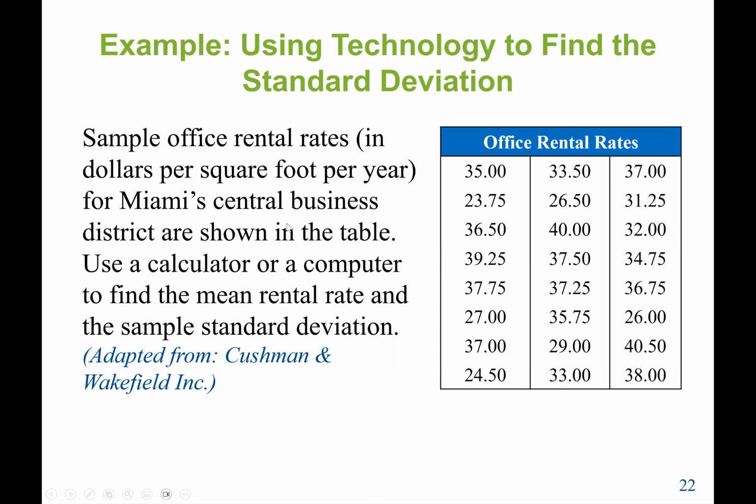This is for the Miami Central Business District. And the data is shown below. Now, the reason why we are using technology for this is because the values are too many. To do this manually, it's possible, but it will take more time. So either we can use a calculator or a computer. A very simple computer tool would be Excel.